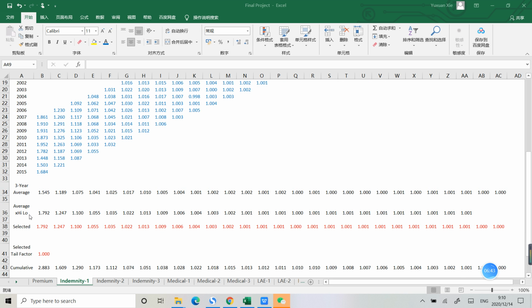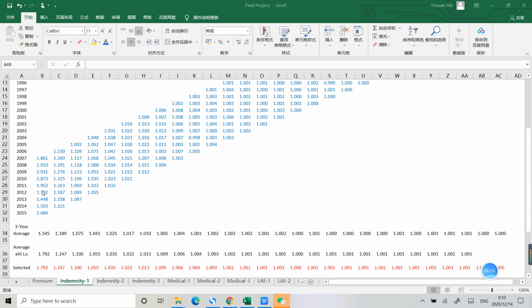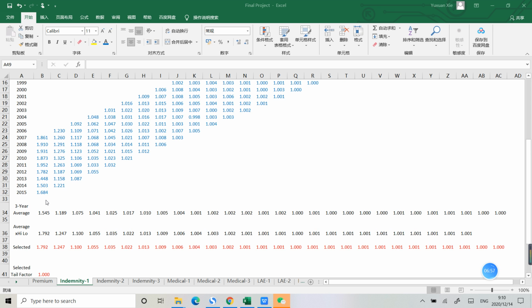And the average excluding high and low means that we should use all the ratios in this column, but exclude the highest ratio and the lowest ratio, and then calculate the average for the other ratios.